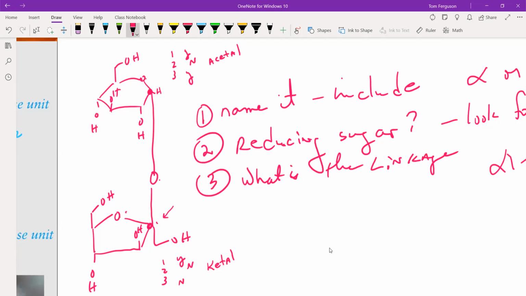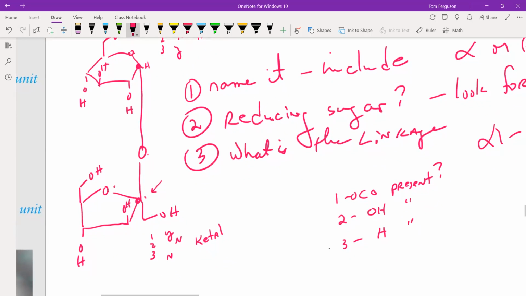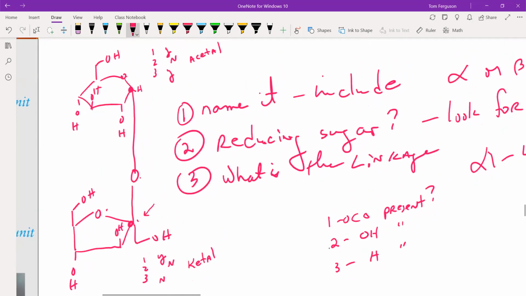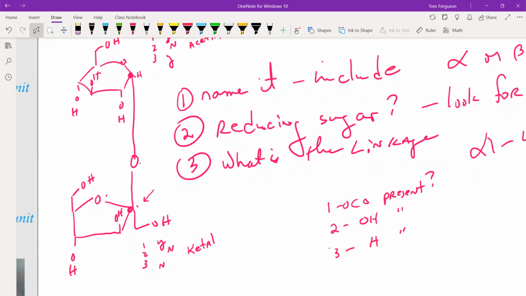So remember the 1, 2, 3. It's 1, C, OCO present. OH present. H present. Okay, so we have an acetal and a ketal. We do not have a hemiacetal.